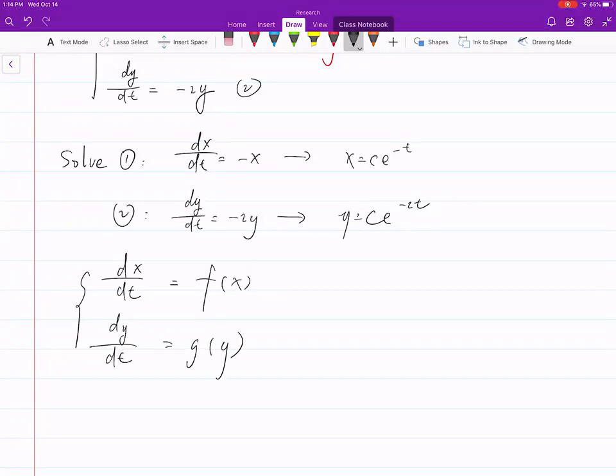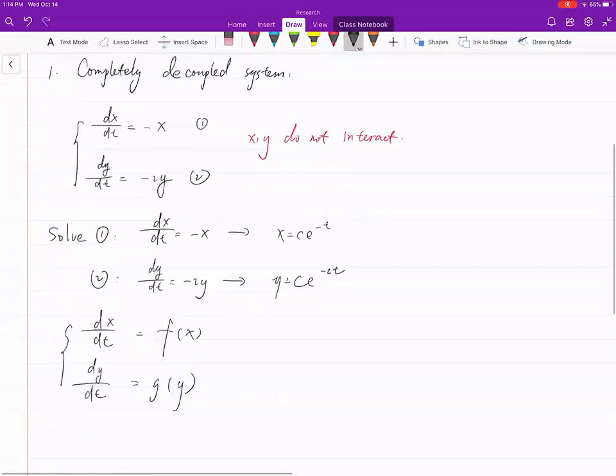Of course, that's doable. Moreover, there's no point in putting them as a system. You just solve them separately. Sounds good? Very easy. Of course, in real life, it's never this case.